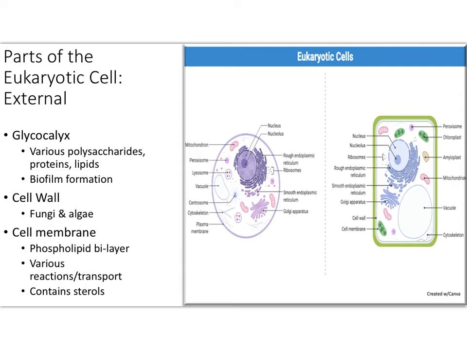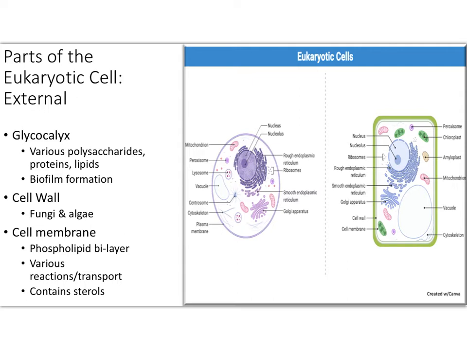Underneath the glycocalyx, two types of eukaryotic microbes have a cell wall. So when we talk about the eukaryotic microbes, we are talking about fungi, algae, protozoa, and helminths, and two types of eukaryotic microbial cells will have a cell wall, the fungi and the algae. Now the composition of that cell wall is different than what we would find in prokaryotes. In algae, that cell wall can actually be made up of a lot of different types of molecules.